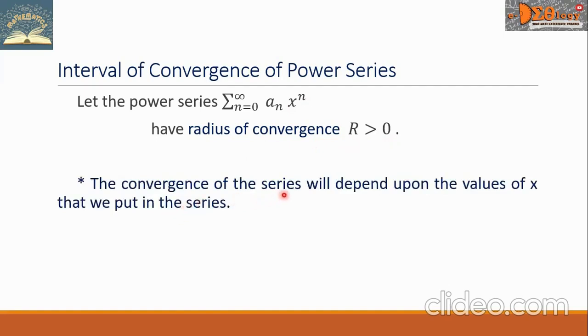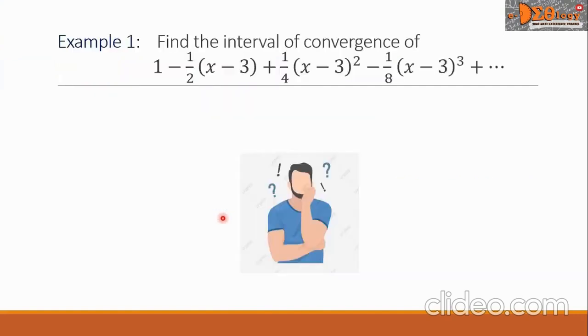The convergence of the series will depend upon the values of x that we put in the series. Let us see example 1. Find the interval of convergence of this power series.